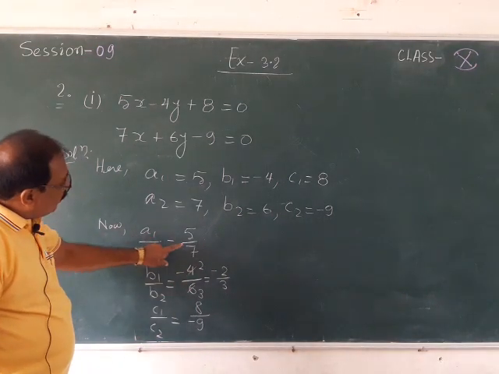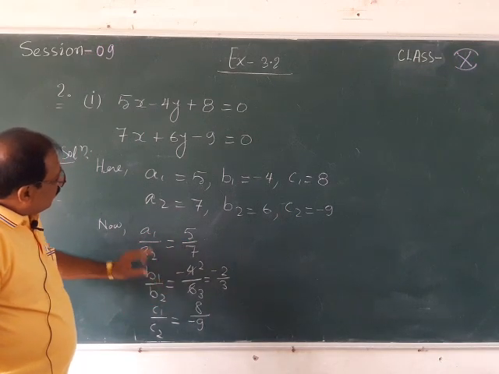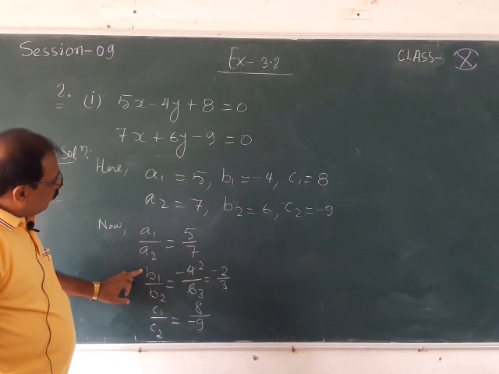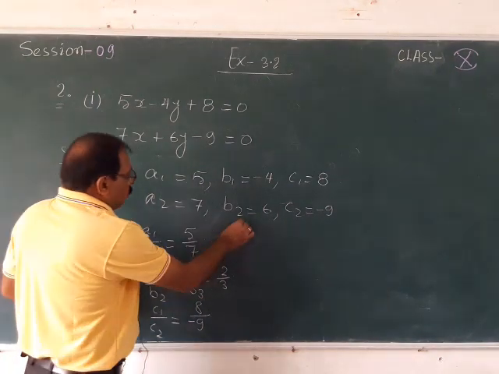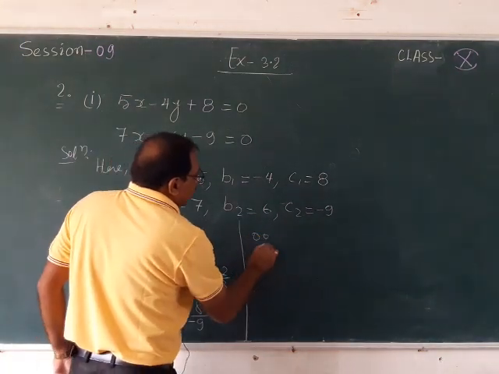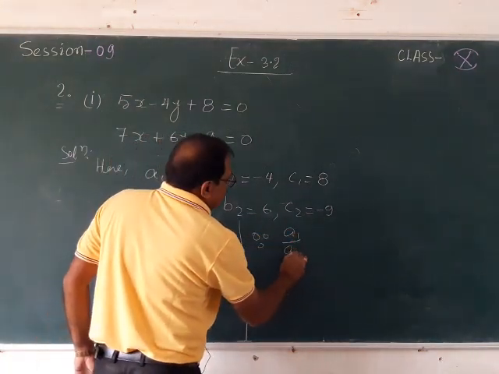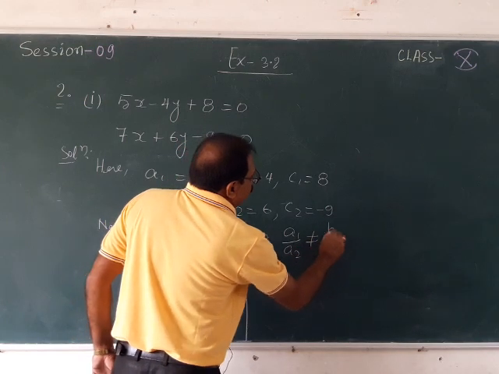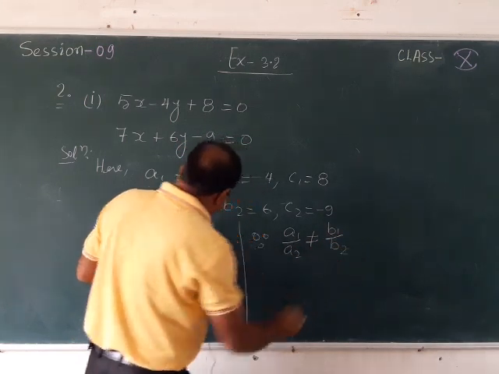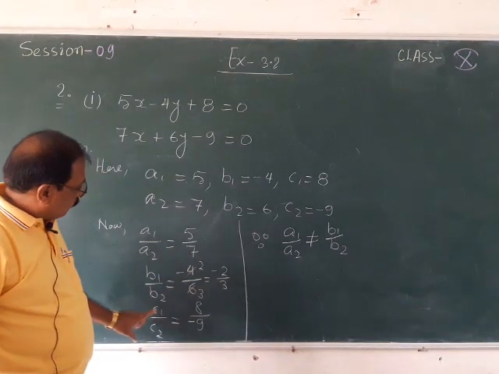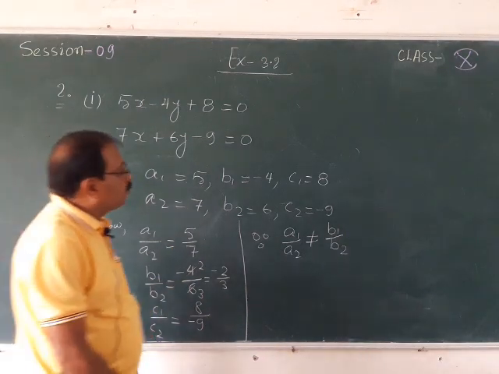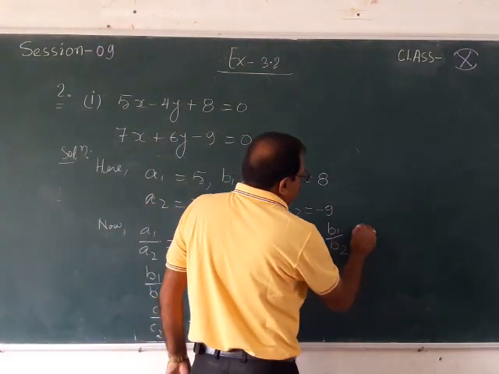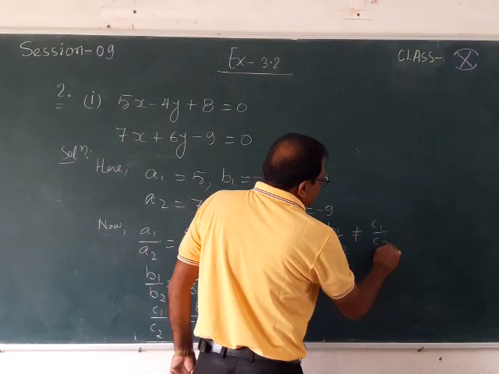But now you just compare in your mind whether A1 by A2 and B1 by B2 are equal. No. So you will write, since A1 by A2 is not equal to B1 by B2, both the values are not equal. Again you can see C1 by C2 is also not equal to this.